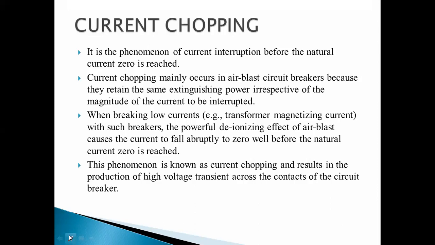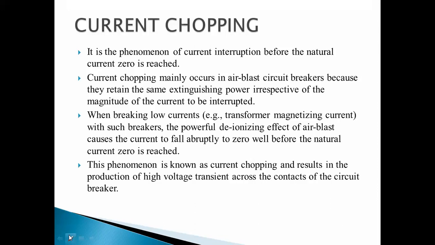Because the air blast circuit breaker doesn't know where the current 0 interruption is. It is not checked by the air blast circuit breaker. The air is continuously forced on the arc, so it will not check whether the current interruption is at point 0 or before that.